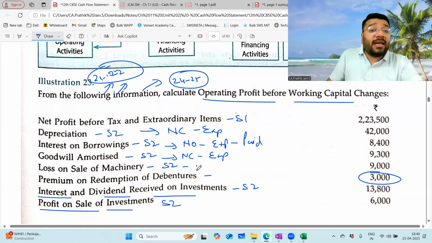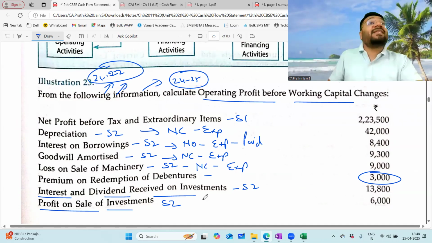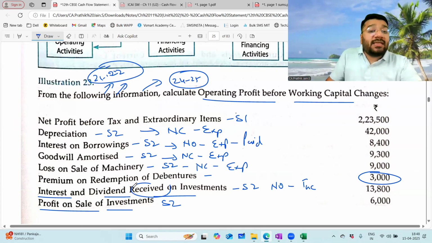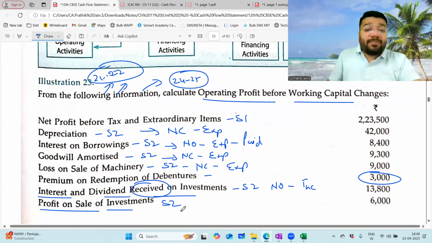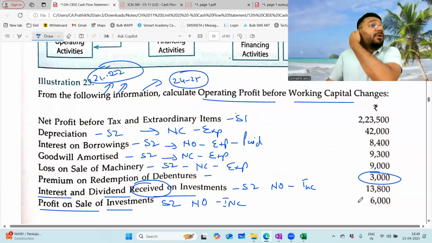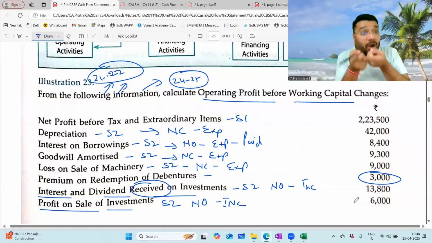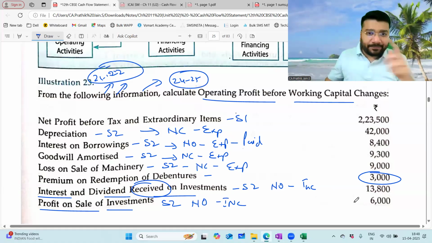Loss on sale of machinery, non-cash and expenditure. Interest and dividend received, non-operating and income in nature. Since it is received, you'll add back in the investing activity. Profit on sale of investment, non-operating and income in nature. So you'll reverse here and add back in your investment activity in form of sale proceeds. The entire sale value will be recorded, not this. Cost price plus profit put together, the entire sale value is added there.